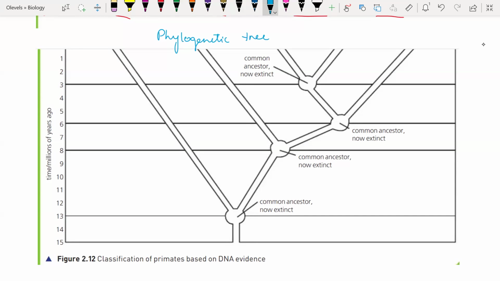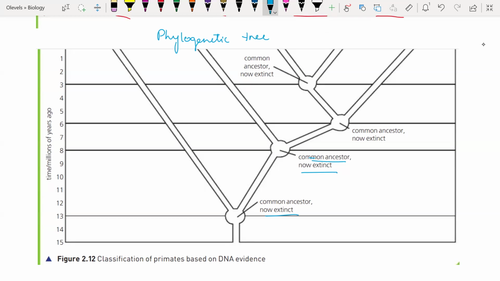Then as time went on, it got extinct, and then there was a common ancestor between two other primates, and that also got extinct. Yes, your common ancestor has gone extinct, and then it branches into further categories. Each line represents a group or species of primates, right?